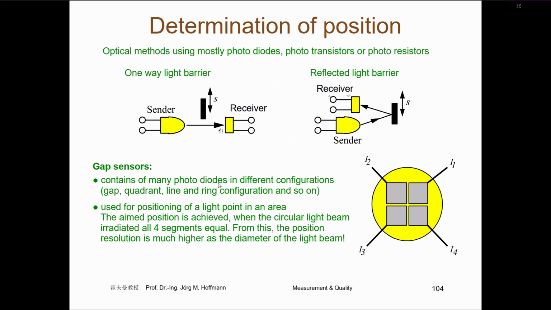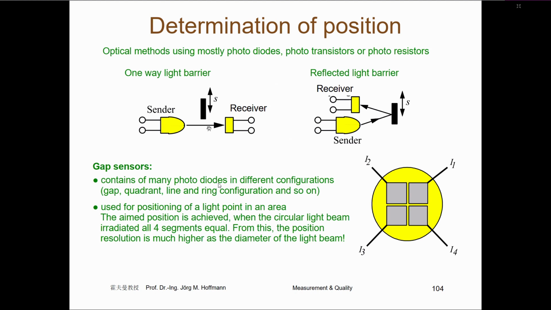That means the beam has a diameter, maybe in the range of a millimeter. And then it's a question of when you come into the beam, when is the device switching? When does the device say, this is the position? You cannot have a higher precision than the diameter of the beam.